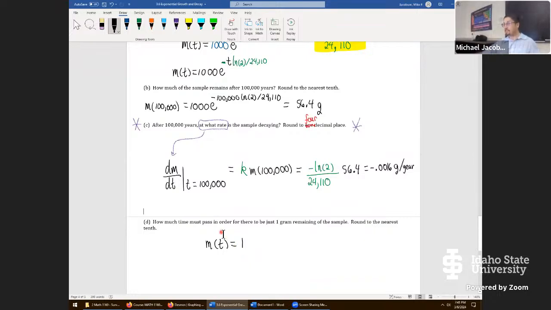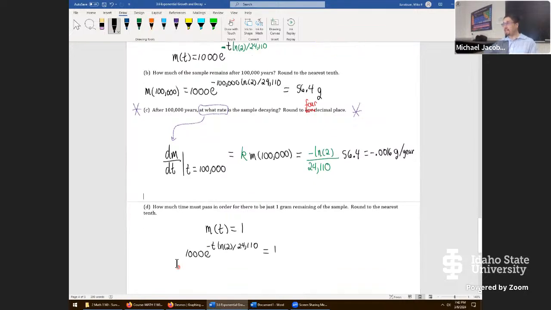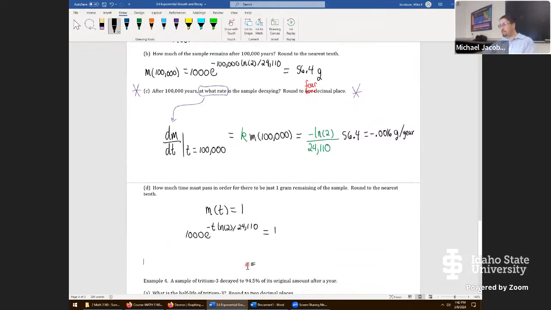The way we find it is right here at mass at time t, plug in the function we built. It'll be 1,000 e to the negative t natural log 2, divide by 24,110, set equal to 1. Then the first thing we'll do is divide both sides by 1,000, maintaining that familiar process.